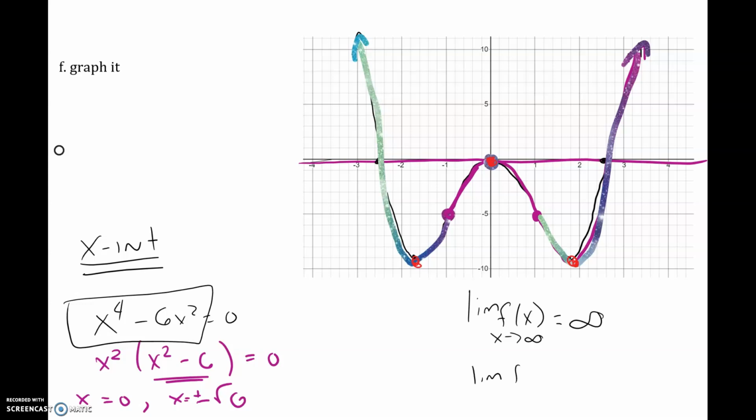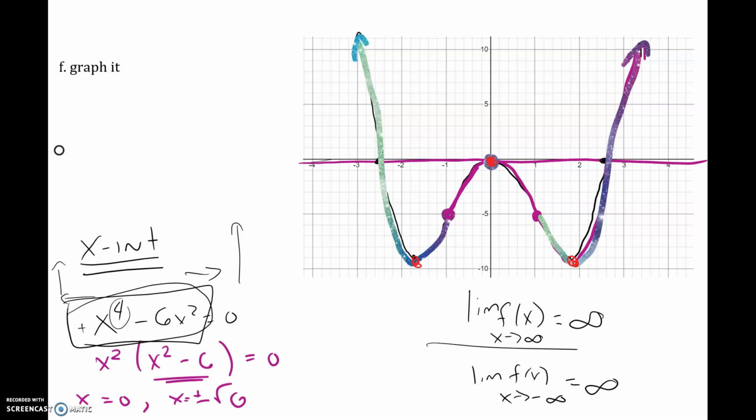So I could have asked you the end behavior before we graphed it. And we should see as x goes to positive infinity, everything goes up because it's even, positive first term. And then as x goes to negative infinity, everything goes up, right? That's all I'm saying here. And that could have helped us a little bit. But otherwise, that's a polynomial function. Those are the easier ones to graph when I'm doing curve sketching in calculus.